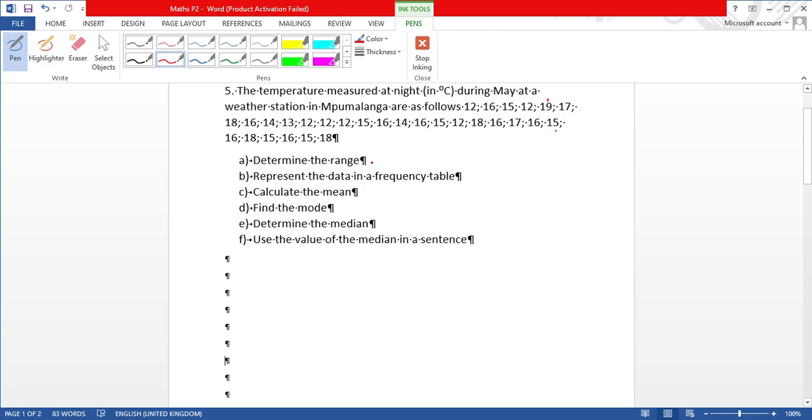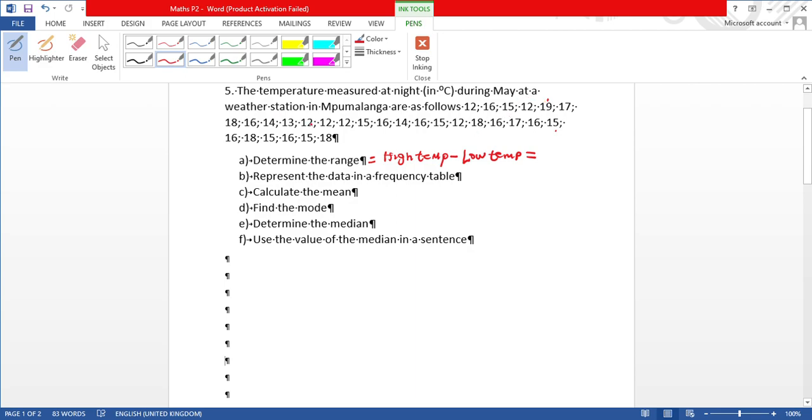As we have discussed in part A, we define the range as the high value, in this case we're dealing with temperature, so it's the high value minus the low value. Looking at your data, the high value is 19. Let's just mark 19 there.